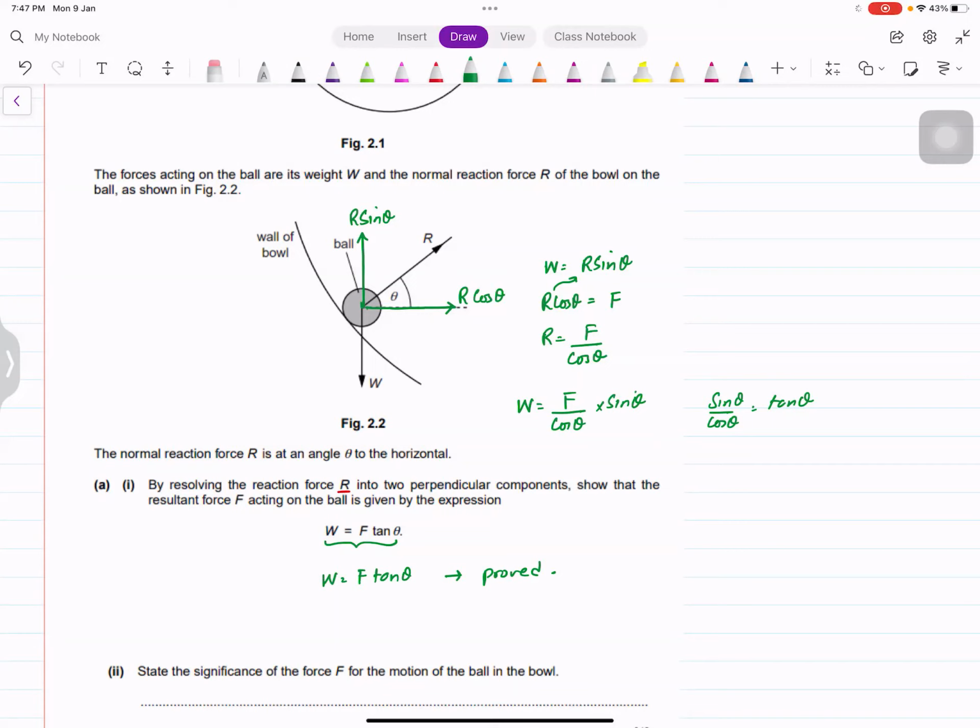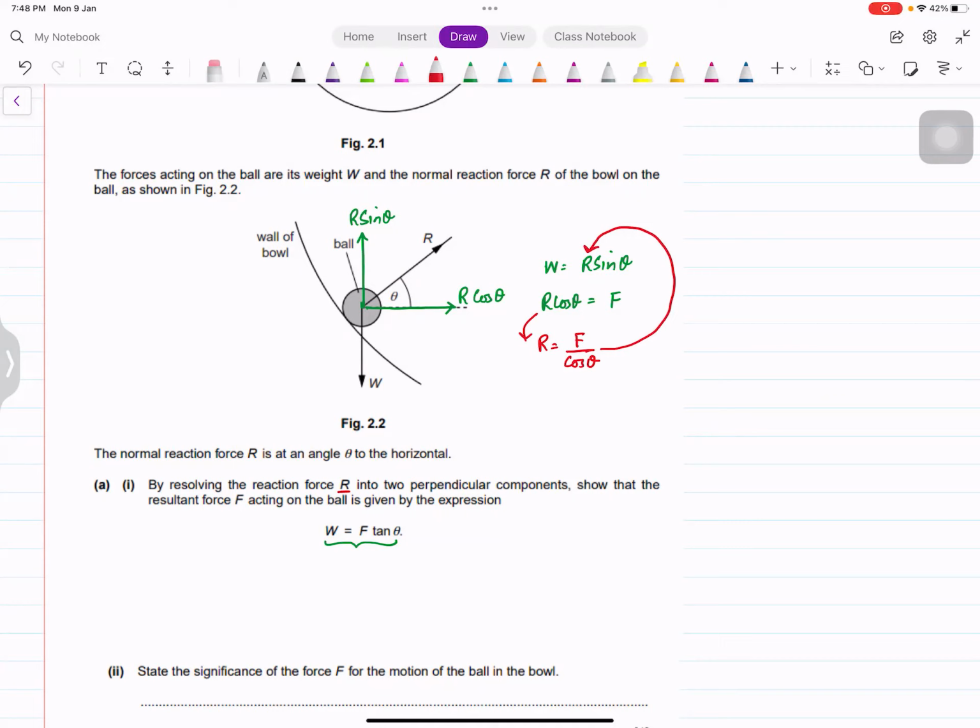Sir, can you explain the ending, like from R is equal to F by cos theta? You want me to explain this part? Yeah. Okay. So you do understand the two equations that I made, right? Yes, sir. If I write this equation as R equals F over cos theta, would you mind? No, because you're making R the subject. Can I put this here?